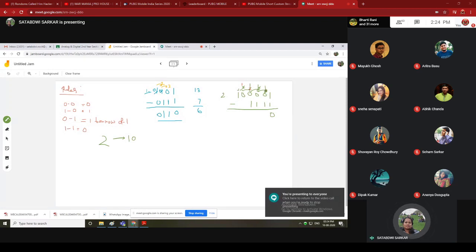So the value here means 2. 2 minus 1, so it is 1.